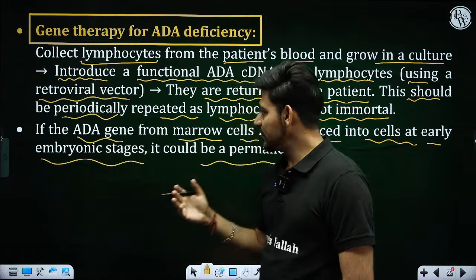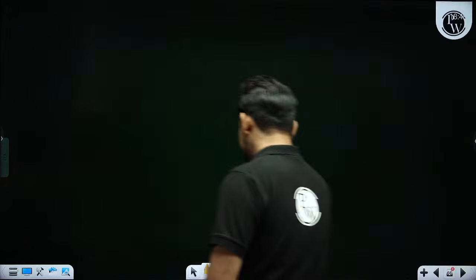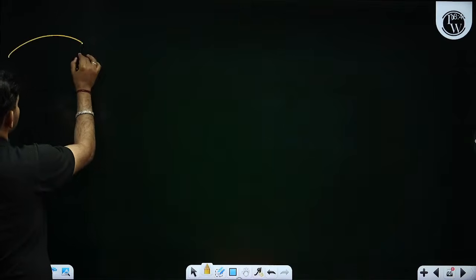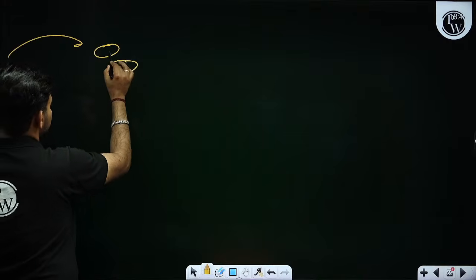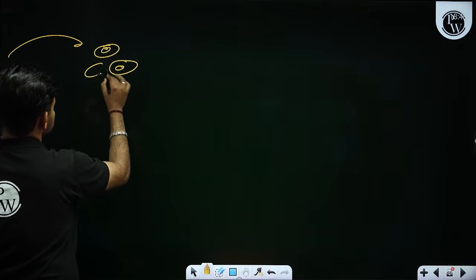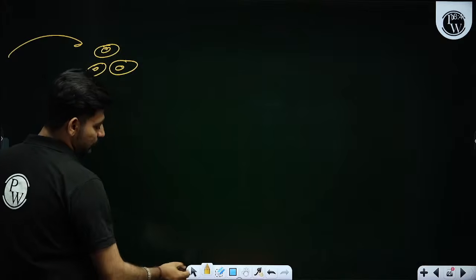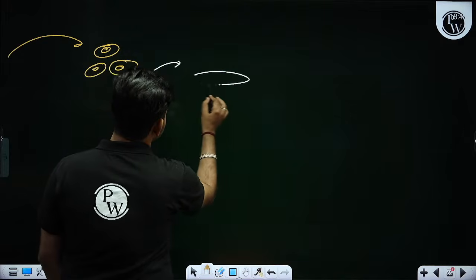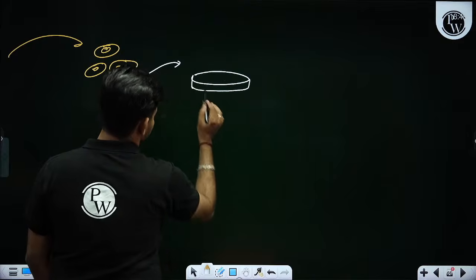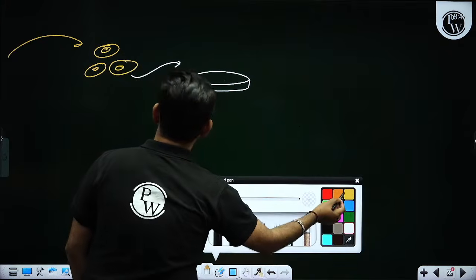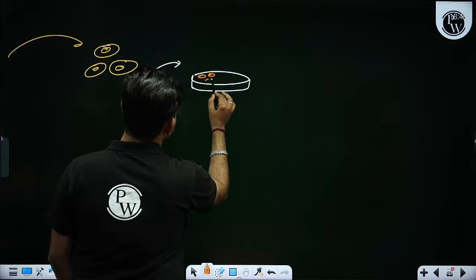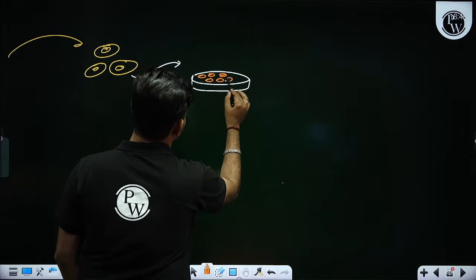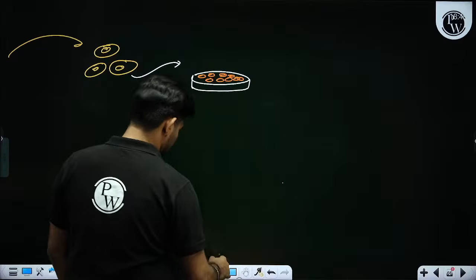So, basically what we have to do in that case, we have to take out T lymphocytes, the defective T lymphocytes from the bloodstream, from the bone marrow of that child. We have to culture them in animal culture media to increase their number into millions.